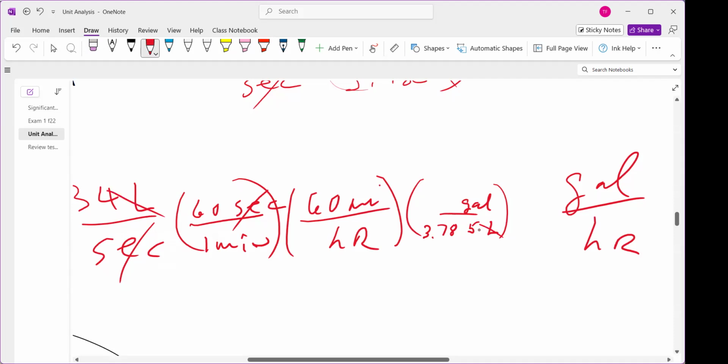Liters cancel. All right, what's left over is gallons per hour.